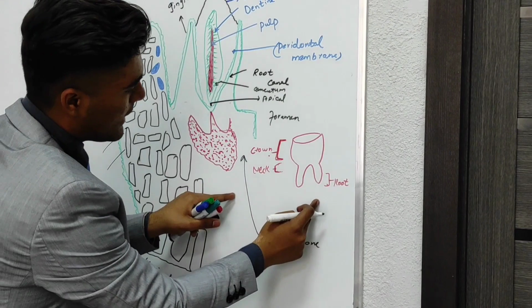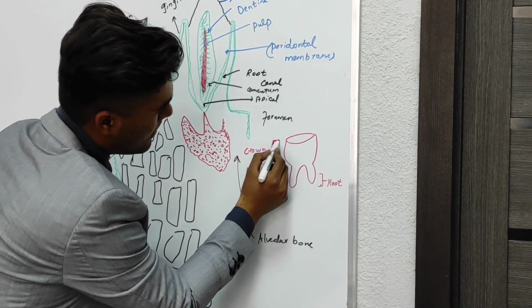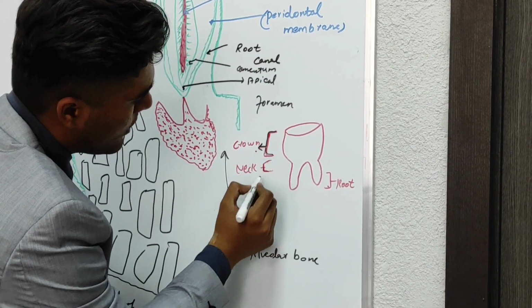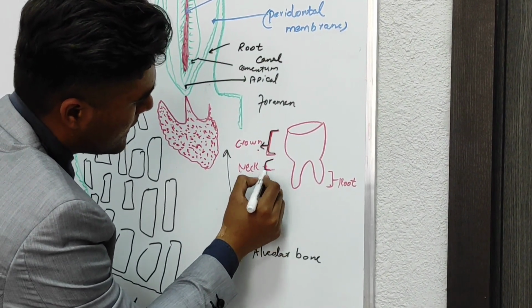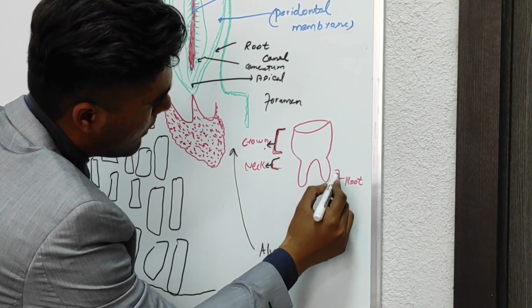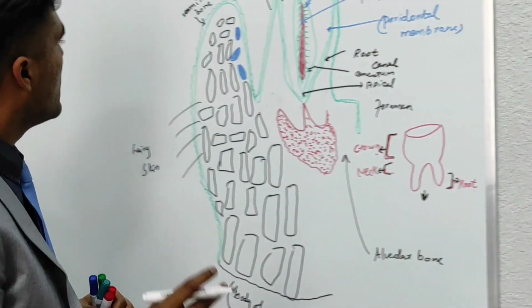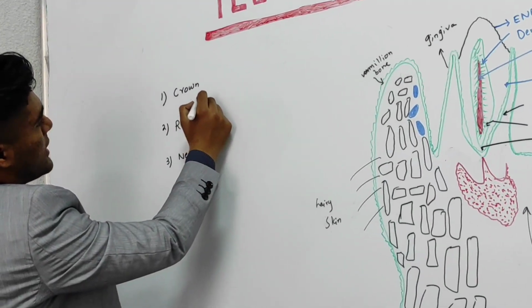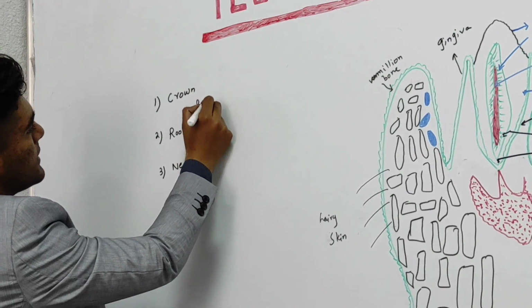In this presented diagram of our teeth, this portion is known as crown, and the portion where crown and root meet up is the neck, and root is the very low portion of our teeth. Now first let's talk about what crown is. Crown is basically the projection beyond the gum margin.